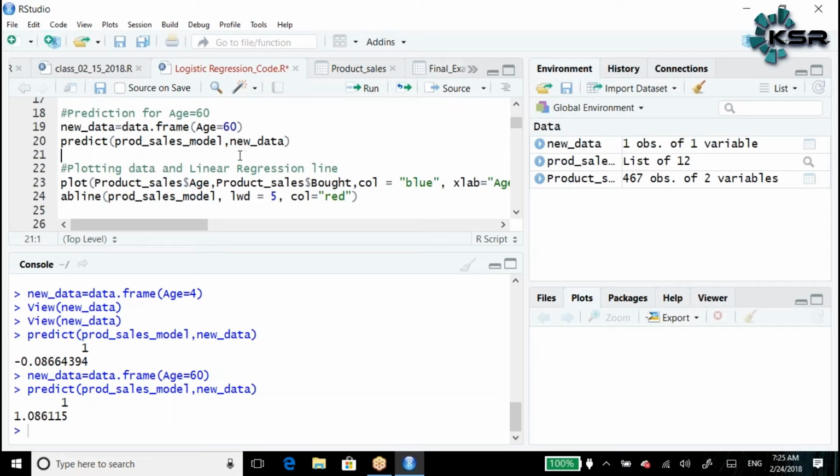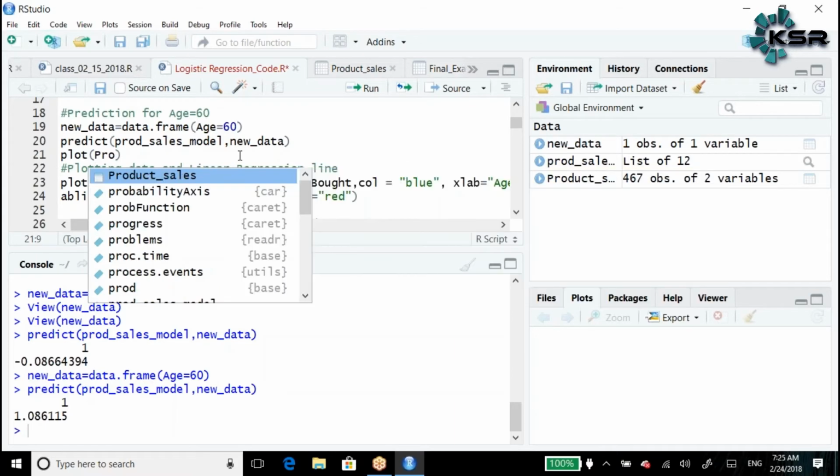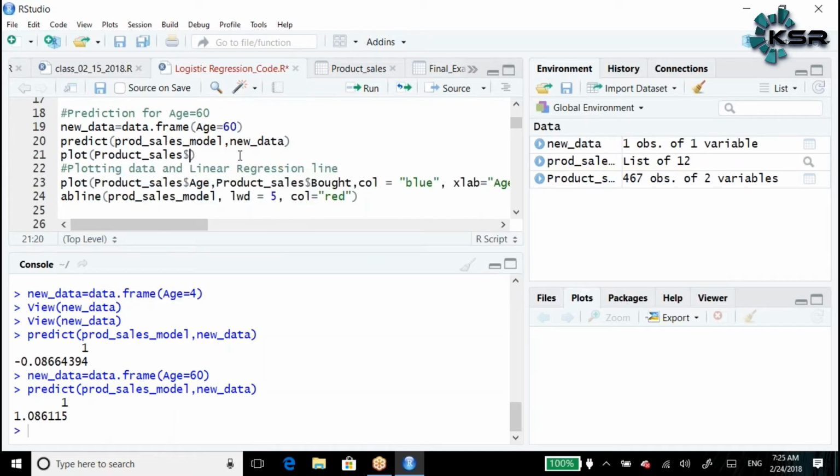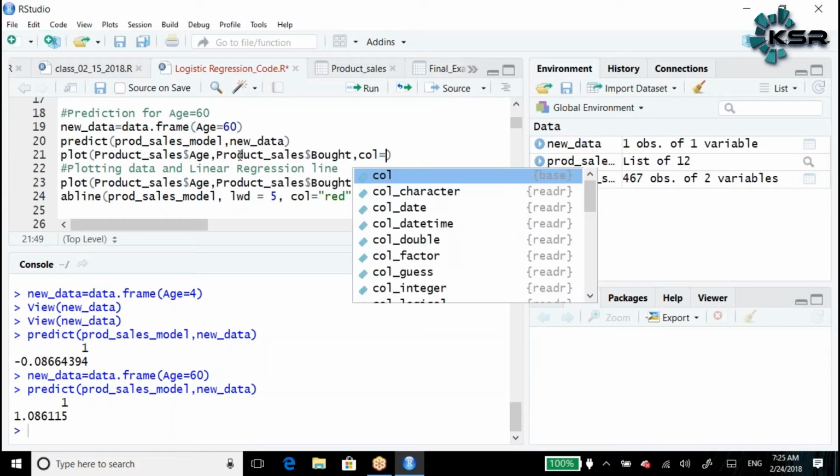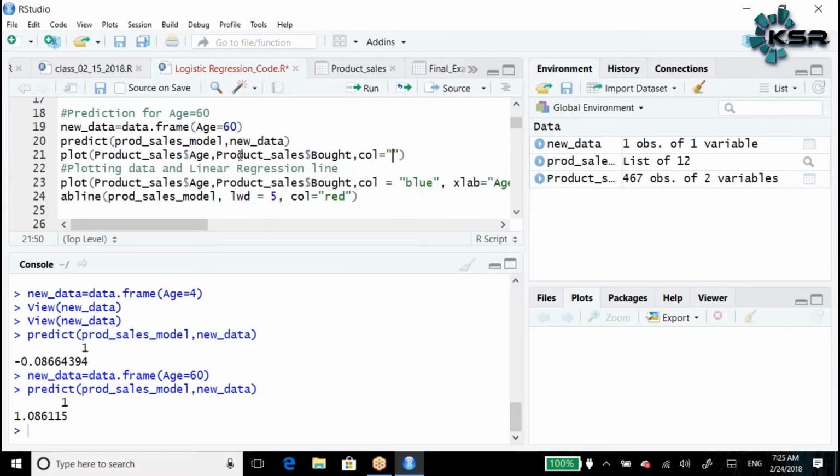Let me write it down, in case you have confusion. Plot of product sale $age, comma product sale $bought, comma col is nothing but color. What color are we going to give, blue or red? You can write red, yellow, or pink. Anything will do.